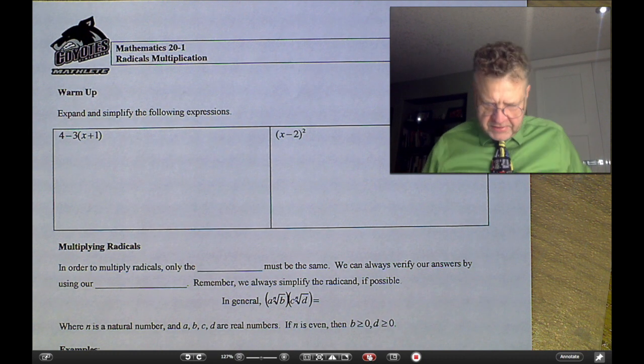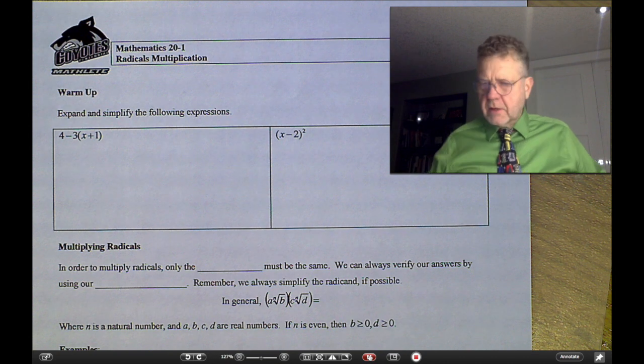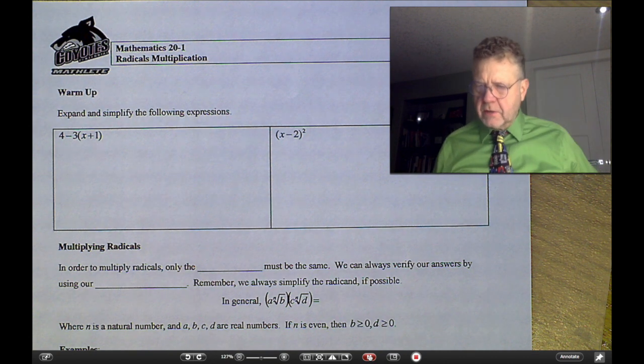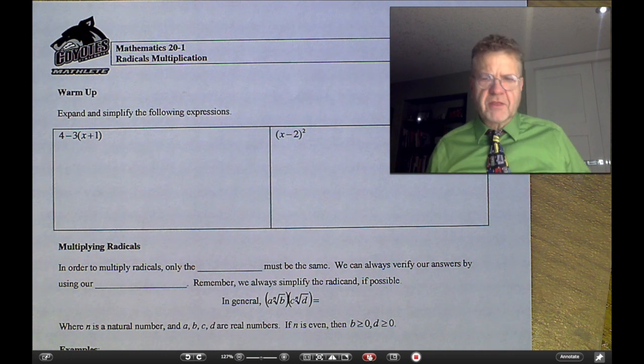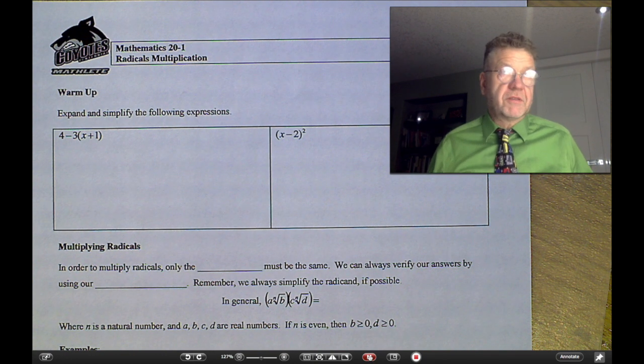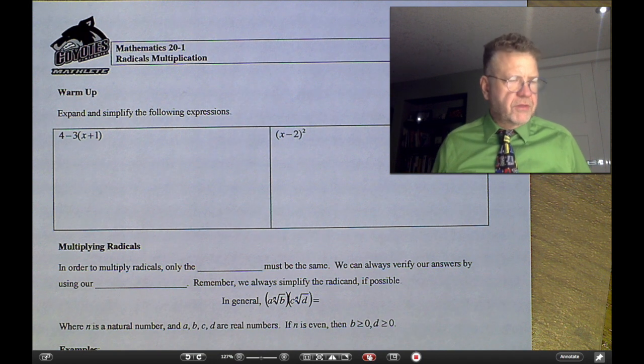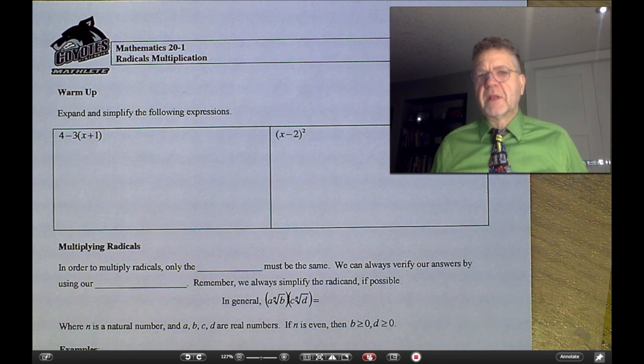This is page 115 of your 20-1 workbook, Unit 3, Lesson 3, and it's radicals. We're ramping up to multiplying radicals.